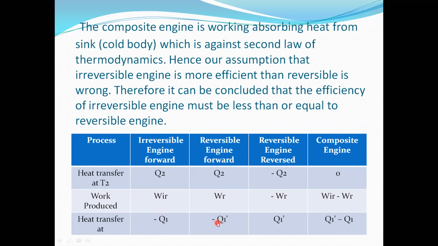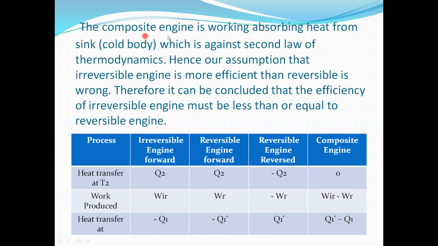So we write first the plus quantity, Q1 dash, minus Q1. So these are the heat transfers. Now the composite engine is working, absorbing heat from the sink, that is the cold body, and remember that sink is a cold body and source is the hot body.